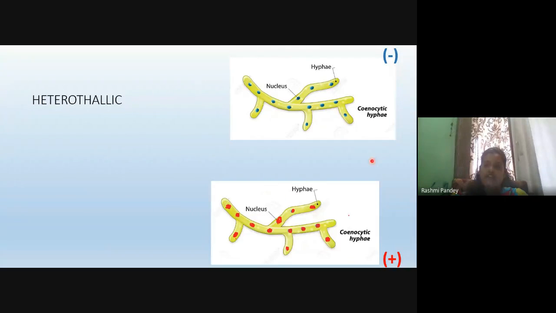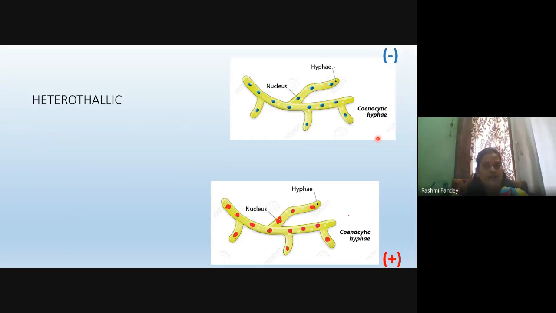That kind of species is called heterothallic in nature. One is called a plus strain, one is called the minus strain. Morphologically, if you have a look, they look exactly similar. There are no differences. But genetically, the genetic material has minor differences in the allelic forms.